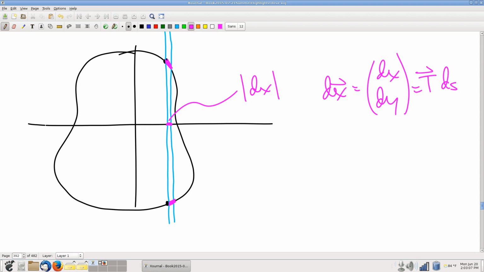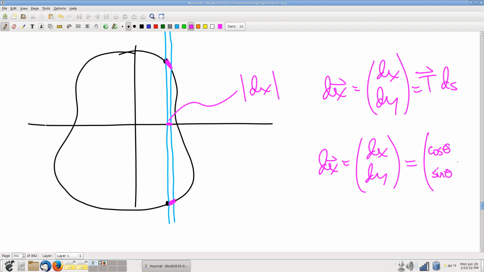Now let me write this a little bit differently: dx vector equals dx dy, and this T vector has components. In fact, it's a unit vector, so I know it's going to be cosine of some angle, sine of some angle, whatever those angles are, and then times ds.